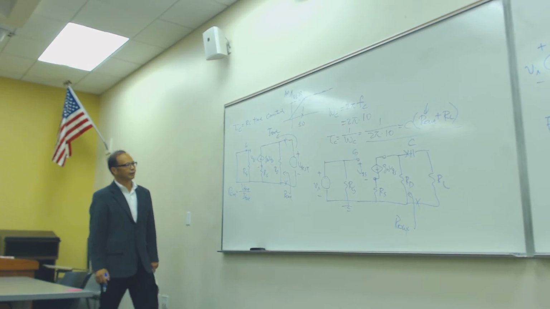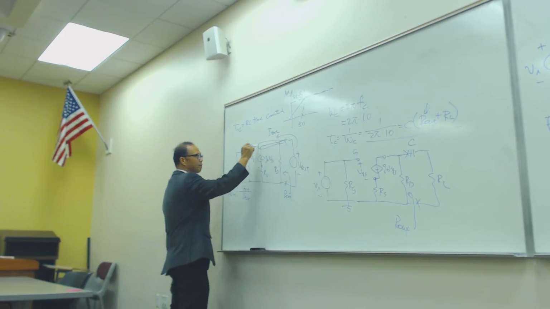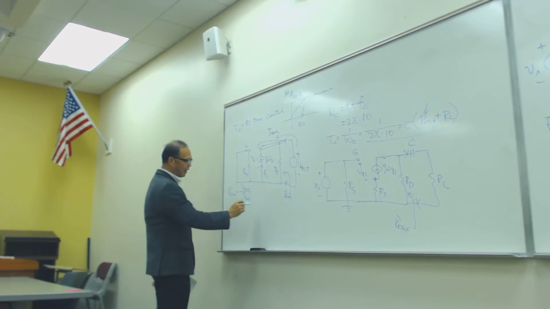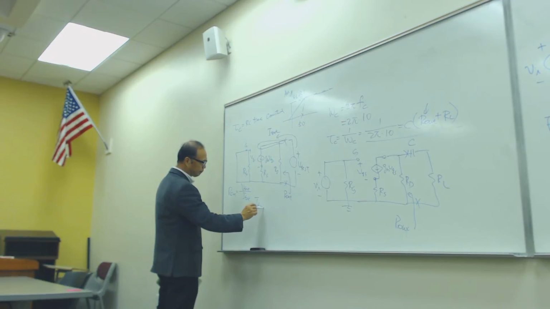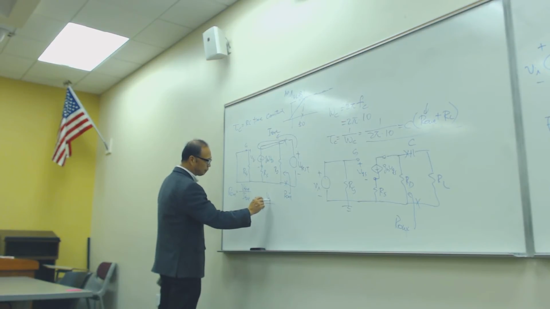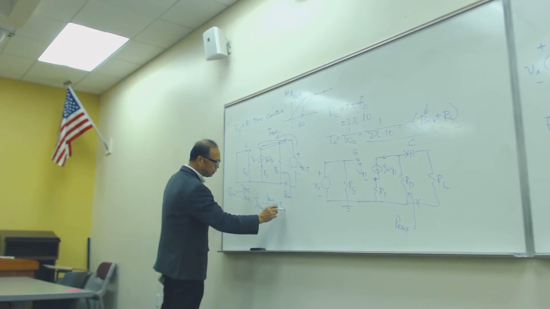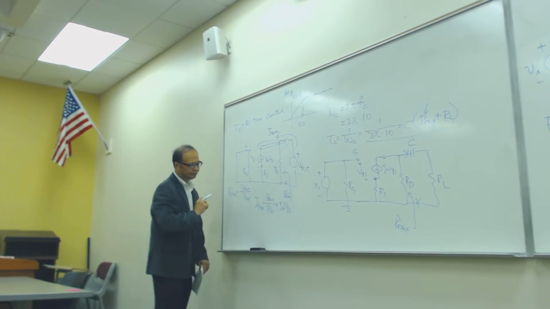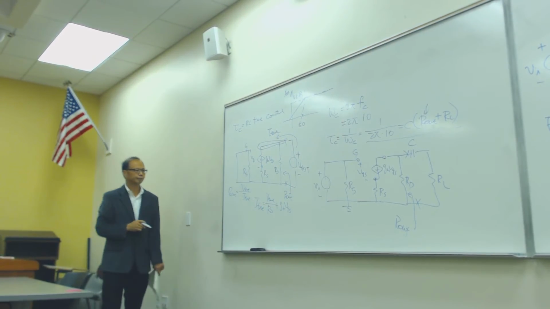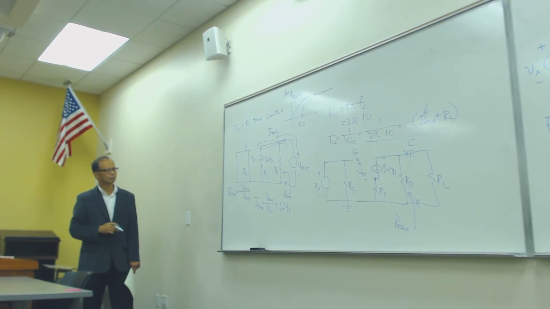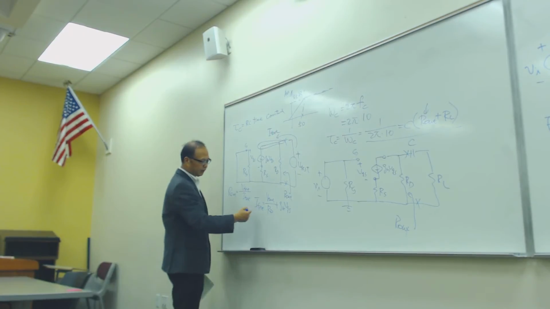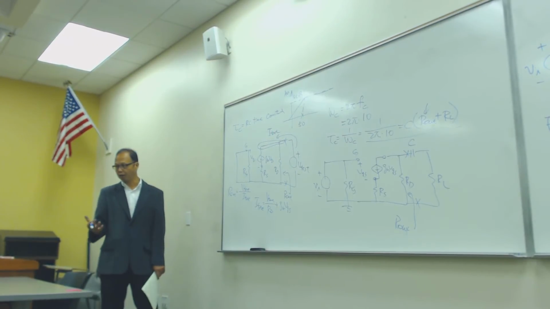If you look at the node here, I test is equal to V test over R sub D plus g m V GS. This is KCL.